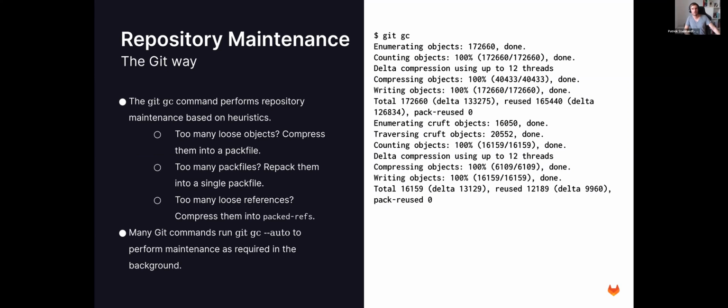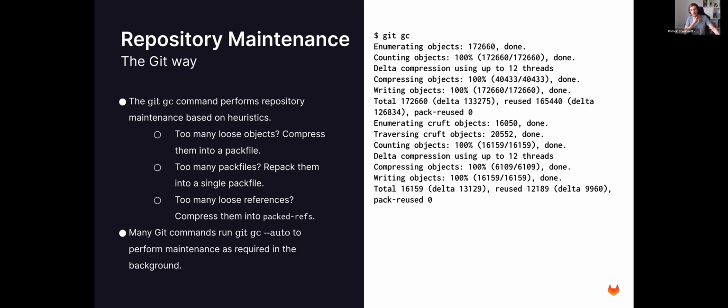In the Git world, you typically do this by executing git gc, which has a bunch of heuristics to determine which parts of the repository to optimize. If there are too many loose objects, it will compress them. If there are too many Packfiles, it will repack them. If there are too many loose references, it will compress them into the packed-refs file.